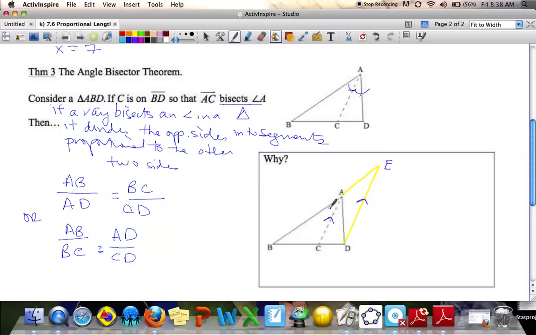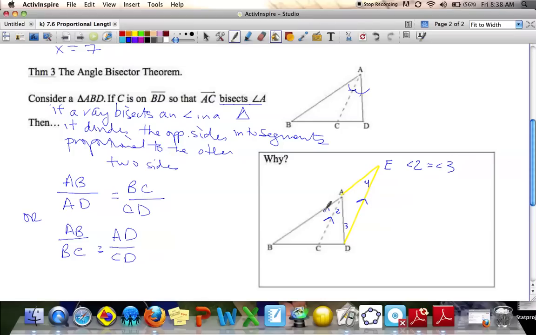If I call this angle 1, angle 2, angle 3, and angle 4, we know that angle 2 is congruent to angle 3 by alternate interior.